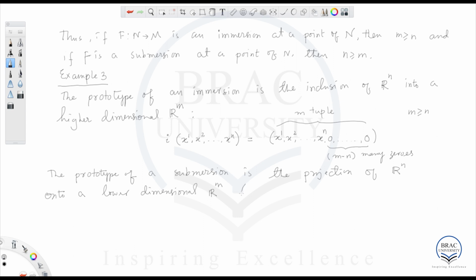Okay, so that in this case m is less than or equal to n.